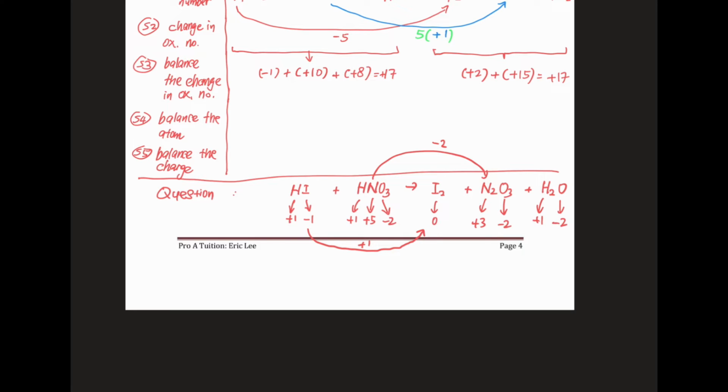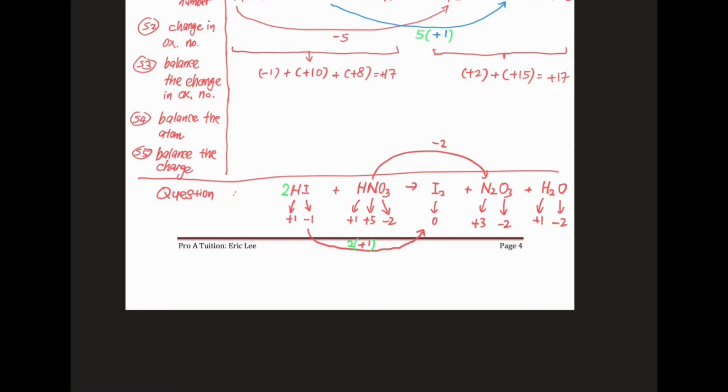So you need to times 2 to this one. Then this is 2 plus, this is 2 minus, they are balanced already. So you times 2 to this, right? Then, of course, at the end, you times 2 to this, it is correct.